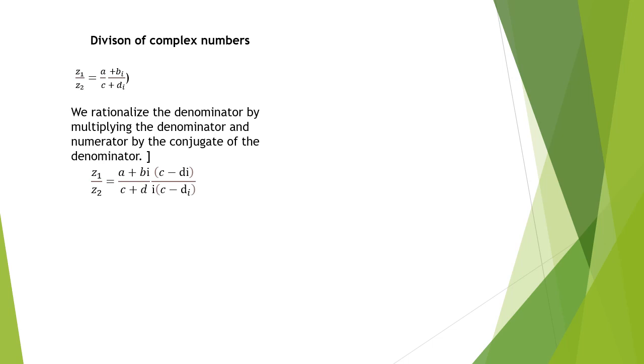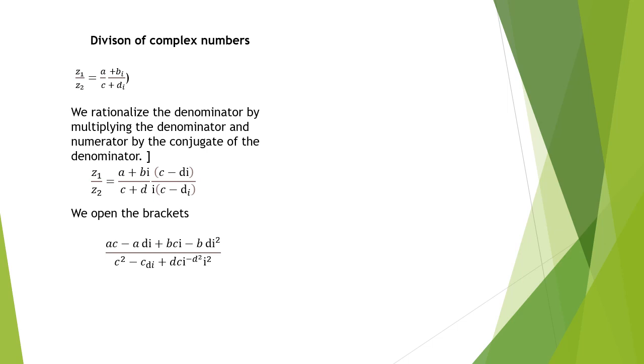Now let's look at it. So you can see (a plus bi) into brackets, the conjugate of the denominator, which is (c minus di), over (c plus di) into brackets (c minus di). Now let's open the bracket.